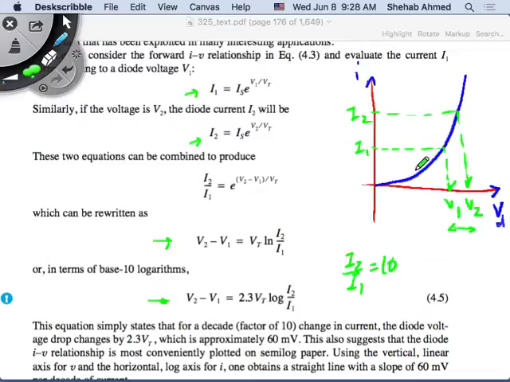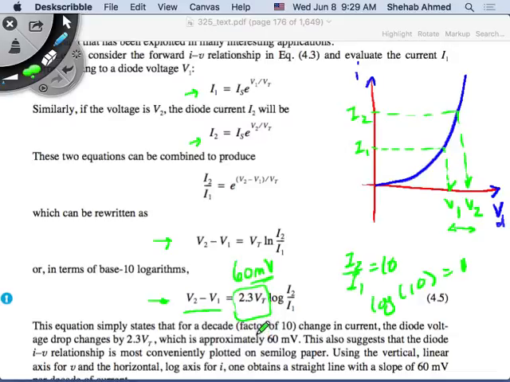So if I do that, what's log of 10? Log base 10, log of 10 is 1. Which means that V2 minus V1 is equal to 2.3 Vt, right? Which tells me that if I change the current by 10 times, I only have a difference of 60 millivolts. That's why the 2.3 Vt was interesting.